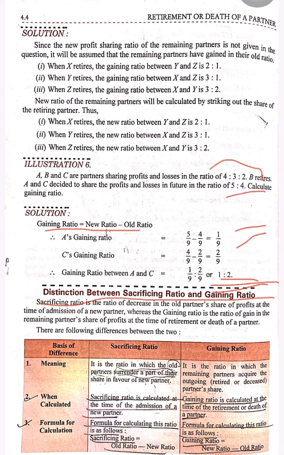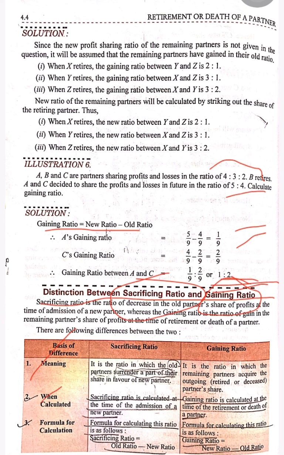At that time they sacrifice their share, so we calculate the sacrificing ratio. But when a partner retires from the firm, we need not give anything, but we will receive his share. So the old ratio of the remaining partners will be increased, and they will gain something.